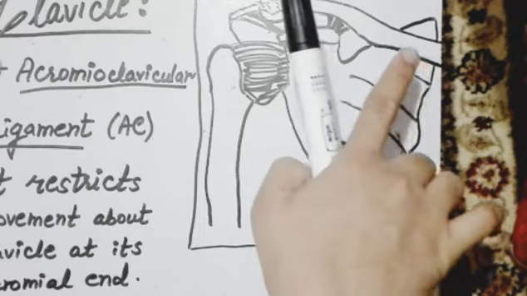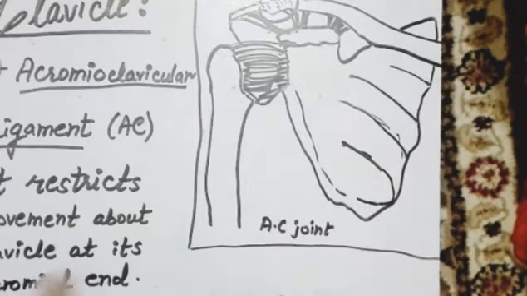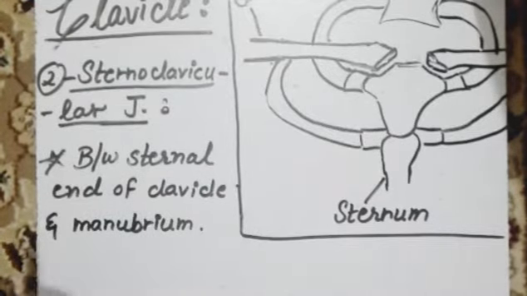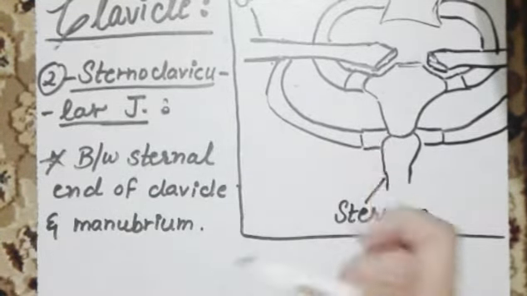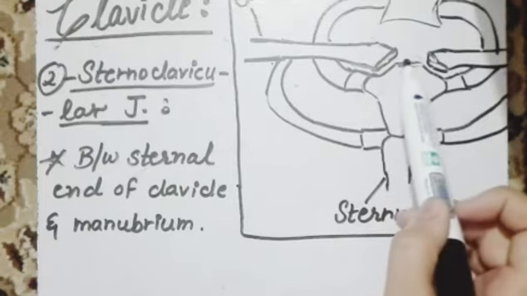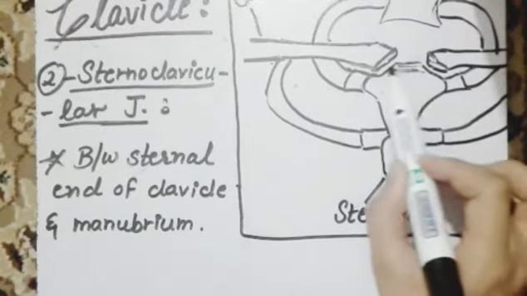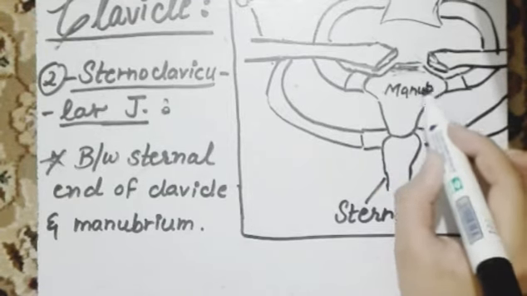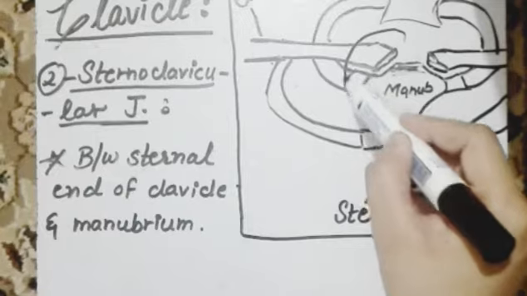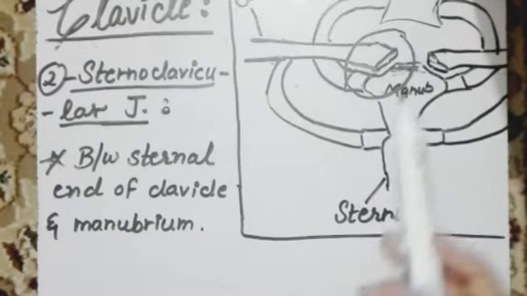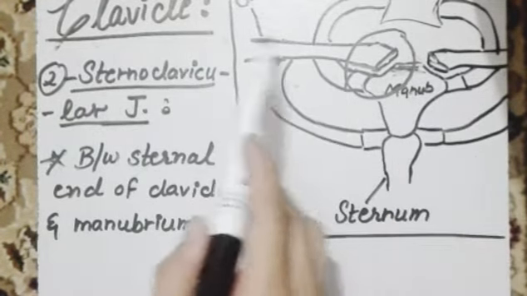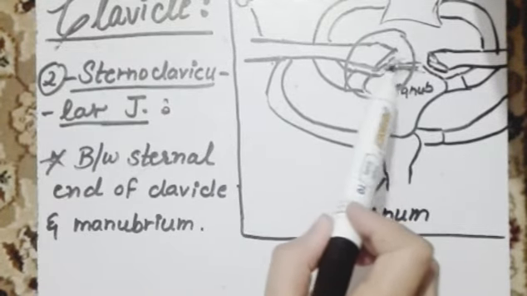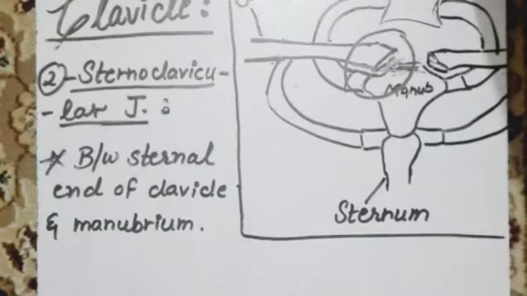Now it's on the medial end, the sternoclavicular joint. Let's see it in detail. As we discussed earlier, the sternoclavicular joint is present between the sternal end of the clavicle and the manubrium. This is the manubrium, the upper part of the sternum, and this is the clavicle. This part is the sternoclavicular joint, where the clavicle is connecting to the manubrium of the sternum.